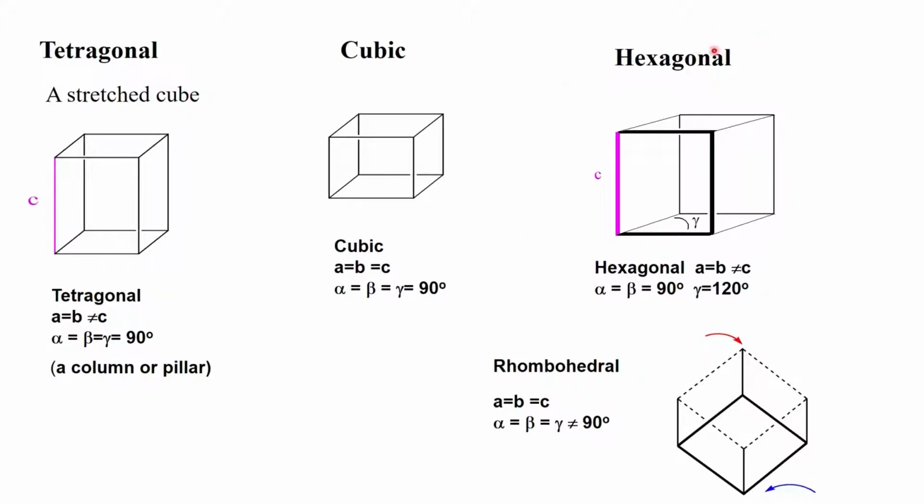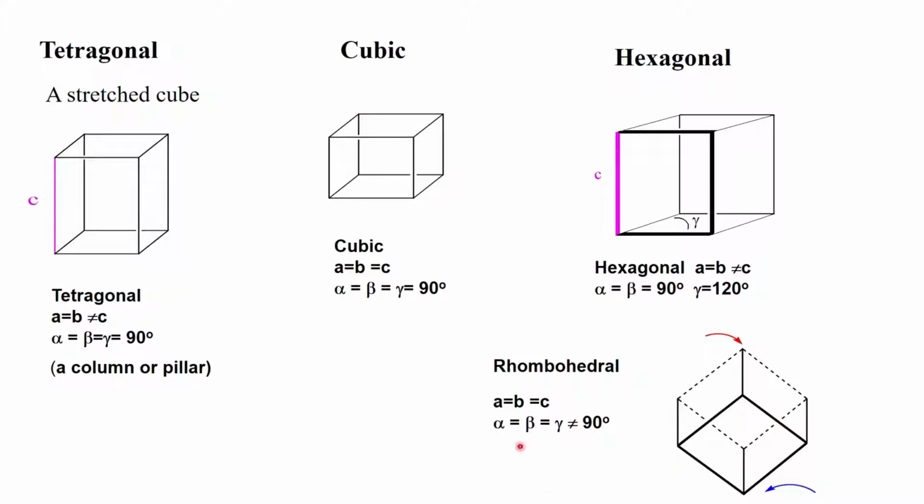A special case of a hexagonal system gives rise to the so-called rhombohedral system, where we essentially have a hexagonal system, but this hexagonal system is very special. It becomes such that A is equal to B equals C, alpha beta gamma are all equal to each other. The difference between the rhombohedral system and the cubic system is the fact that this angle is not equal to 90 degrees.